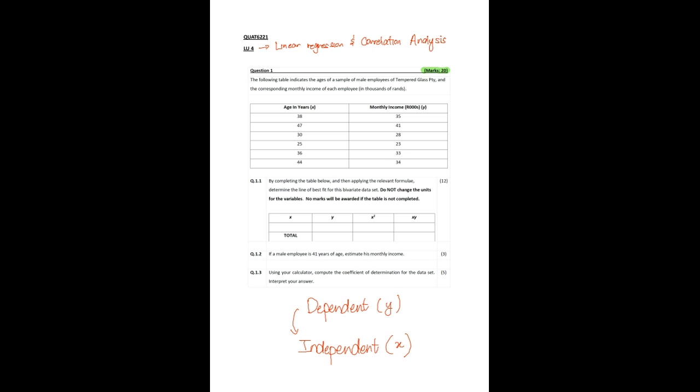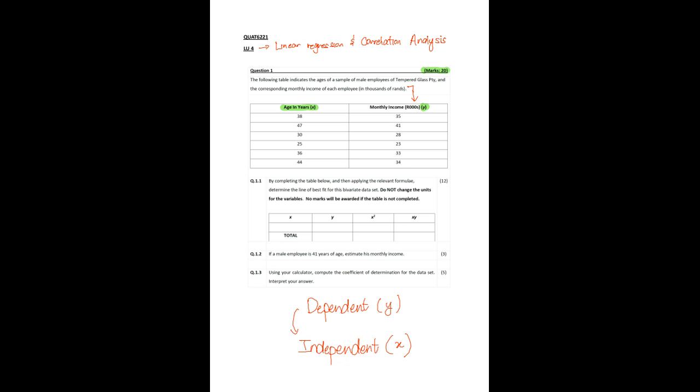Now, one thing that I want to bring your attention to here is that firstly, they've told you which is X and which is Y. They said to you the age in years is your X variable and the monthly income is your Y variable. Now, the second thing is if you look at within brackets here, they've said to you that this is in thousands of rands, which confirms what they said in that sentence as well.